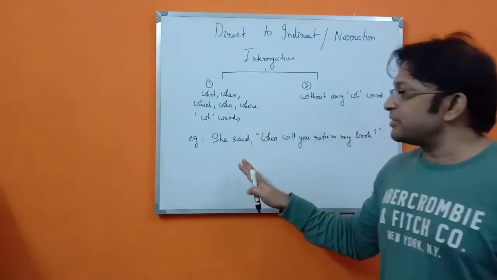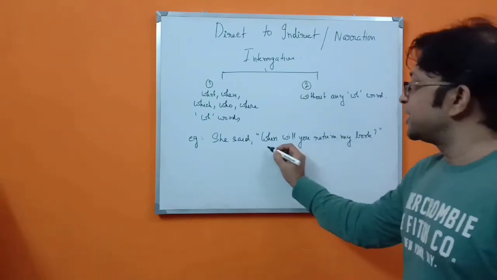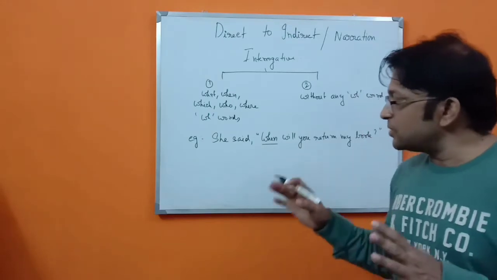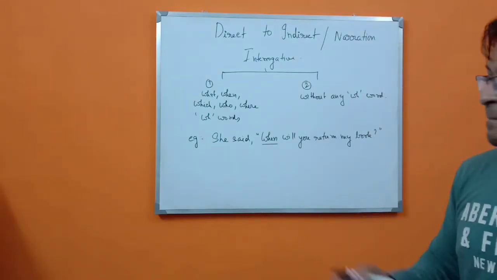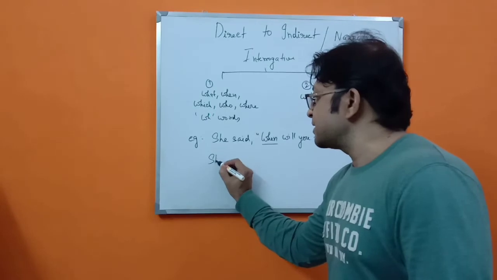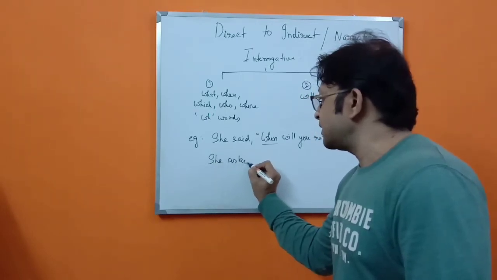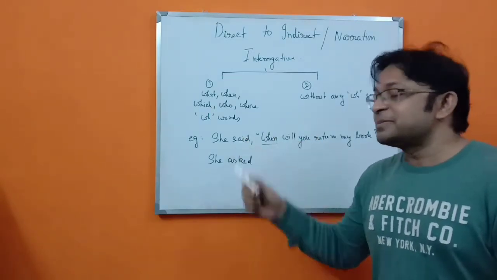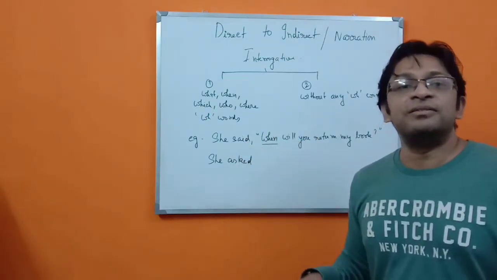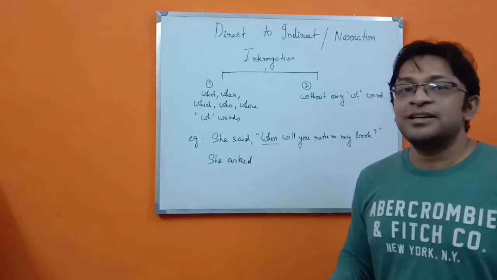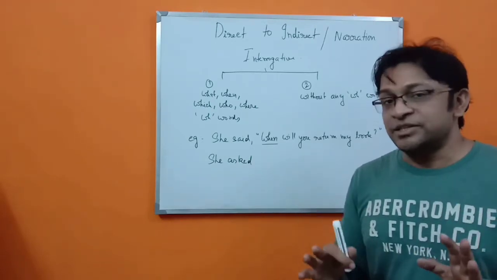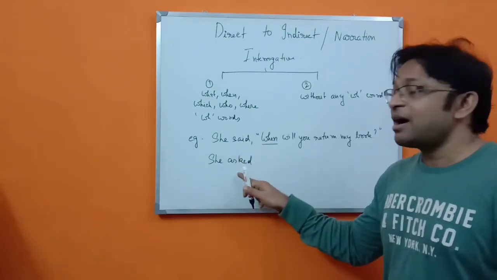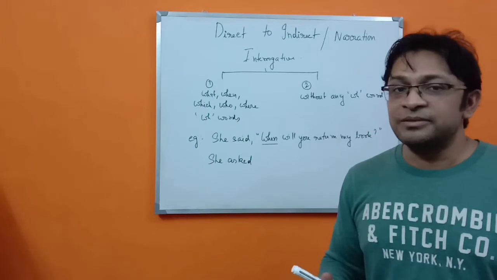So this is a question in which you can see there is an interrogative word or WH word. So how am I going to change this thing? Simple. She asked. So remember one thing. Up till now, the principal or reporting verb hasn't been changed. Now it has been changed. Now this said has become asked because you were inquiring something.